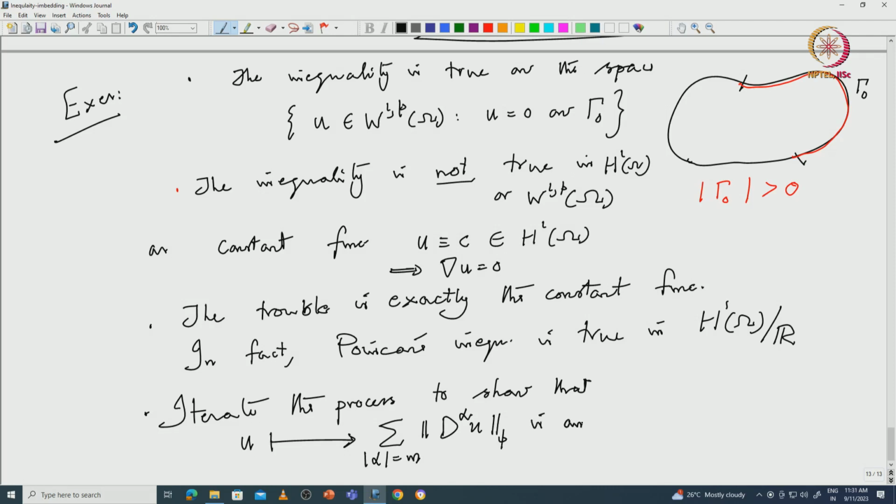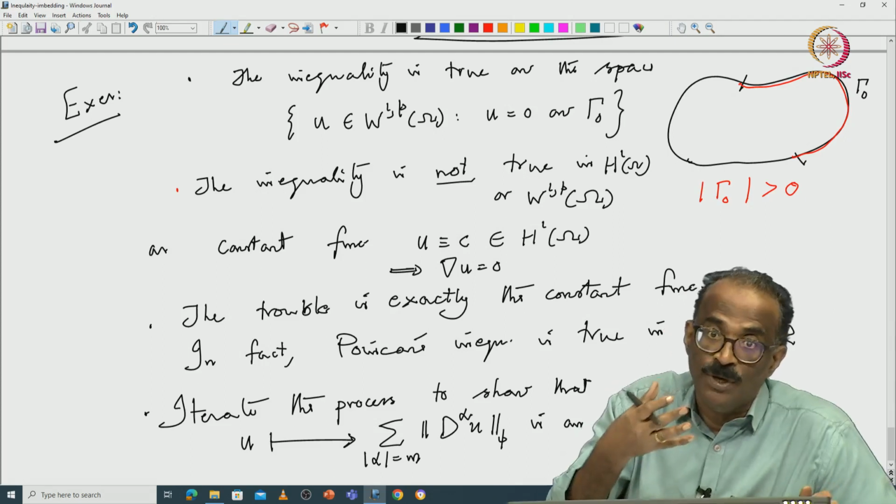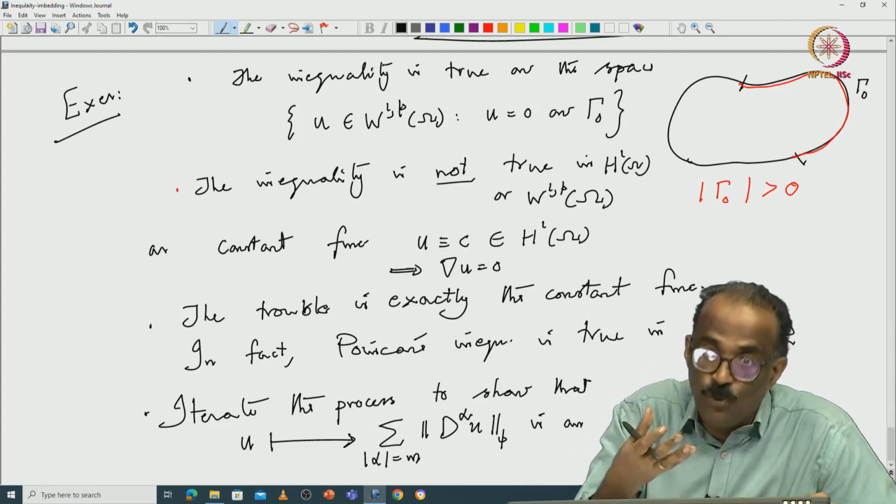So you have the Poincaré inequality with the highest derivative. It being an equivalent norm means the highest order derivative works as a norm, or can be estimated from below by the general norm. Estimating from below is the important thing. Basically, you estimate grad u in terms of u.